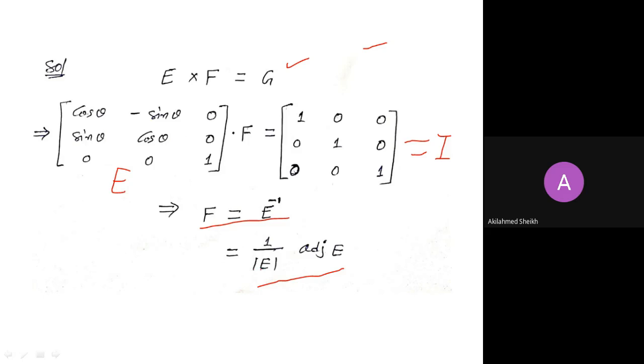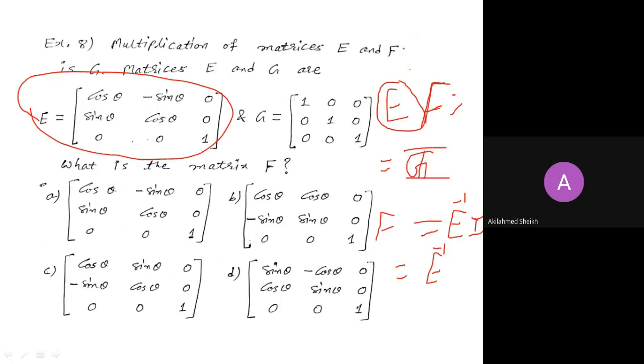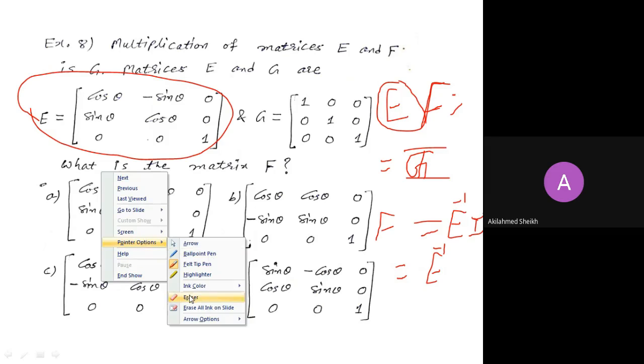First of all, we have to find the determinant of E. This is the matrix E. Just observe the matrix.